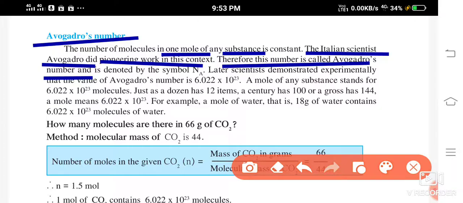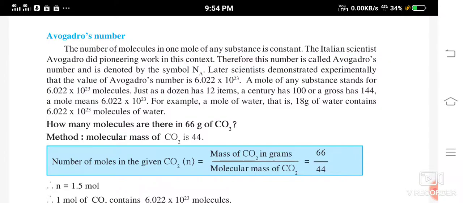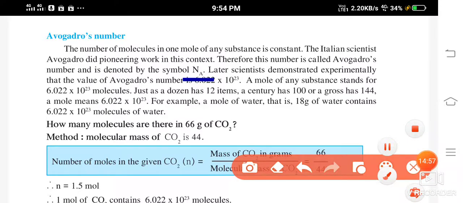So he was the person who did very important work in this context of mole, and that is why we call this number Avogadro number, and this is how it is denoted.